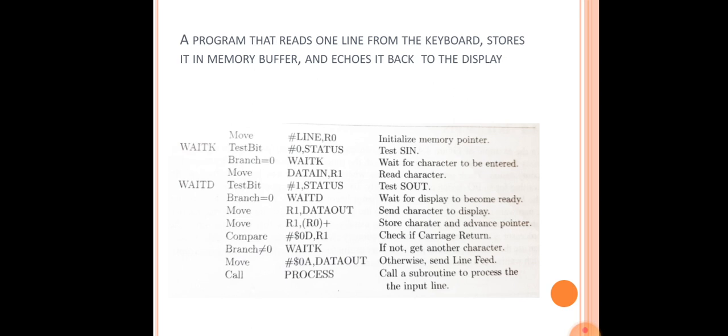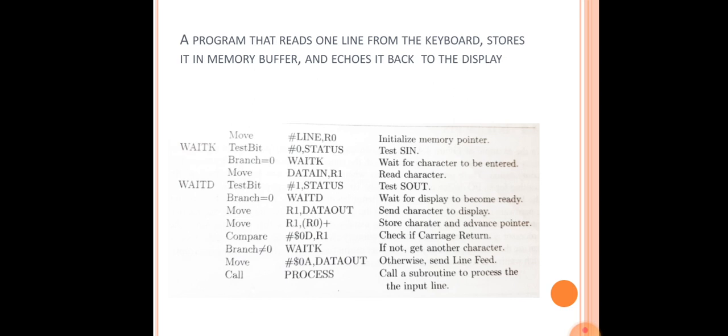Next we need to display that character onto the display device. For that, first we have to check the status of that display device. So it checks test bit 1 status. That means it checks whether the flag SOUT is 1. If it is 1, it indicates that the display device is ready.